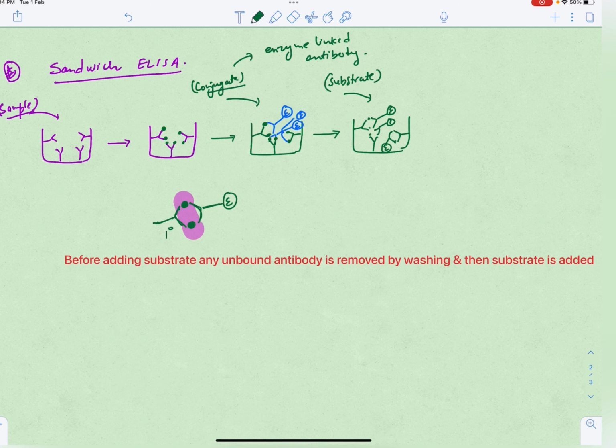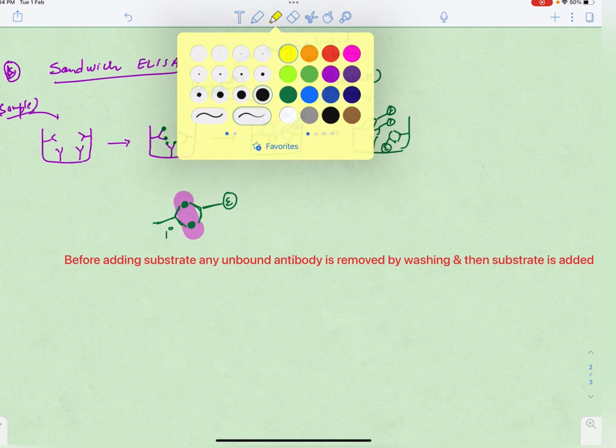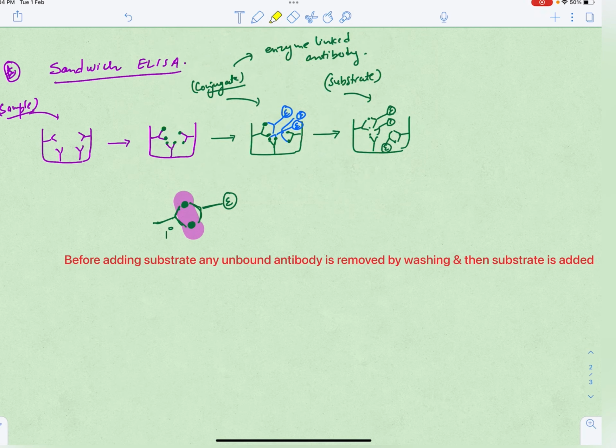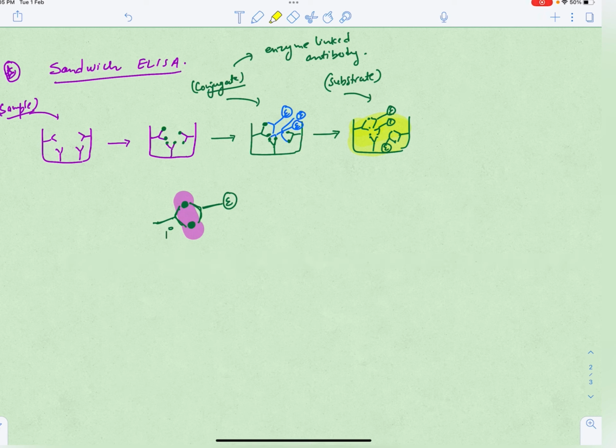After addition of substrate, what would happen? There is formation of color. The substrate reacts with the enzyme present in the secondary antibody, and it leads to formation of color.